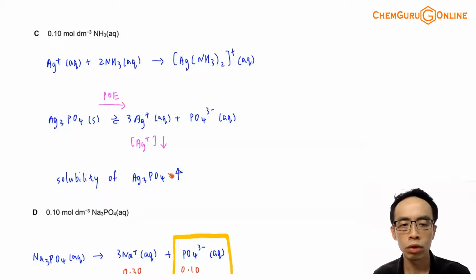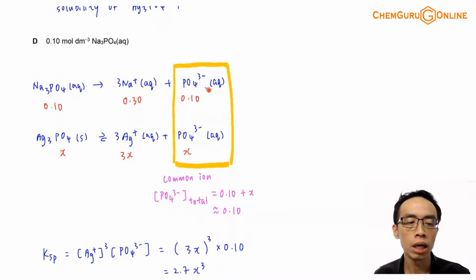Now for this question, we will not be able to calculate the increase in concentration, because we know that Ag+ with ammonia to give me diammine silver complex actually favors the forward process. But since I don't have information involving the equilibrium constant term, I will not be able to do calculation involving the change in the concentration of Ag+, and therefore I will not be able to calculate the new solubility of Ag3PO4 in presence of ammonia. So this is involving part C.